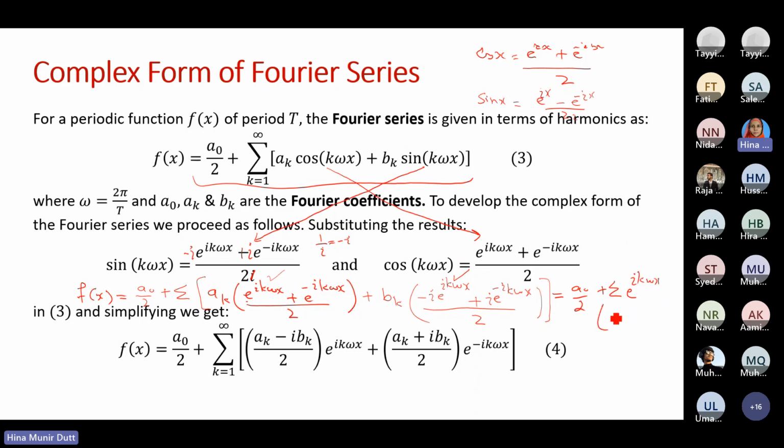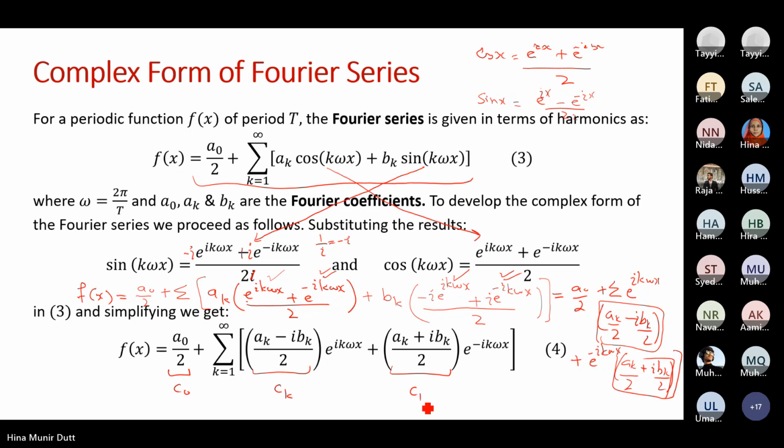The constant term is a naught over 2, plus summation. The coefficient of e to the power iota k omega x is a k over 2 minus iota b k over 2, and the coefficient of e to the power minus iota k omega x is a k over 2 plus iota b k over 2. So let's take the constant term equal to C naught, this one equal to C k, and this one as C k conjugate.